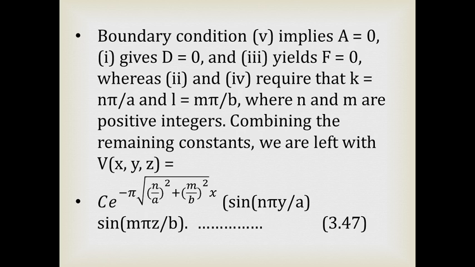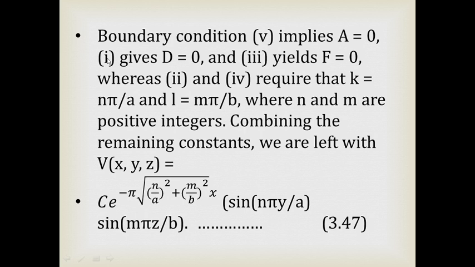Applying the different boundary conditions: what is boundary condition 5? As x tends to infinity, the potential tends to 0. That implies that A has to be 0, otherwise this boundary condition will not be satisfied.